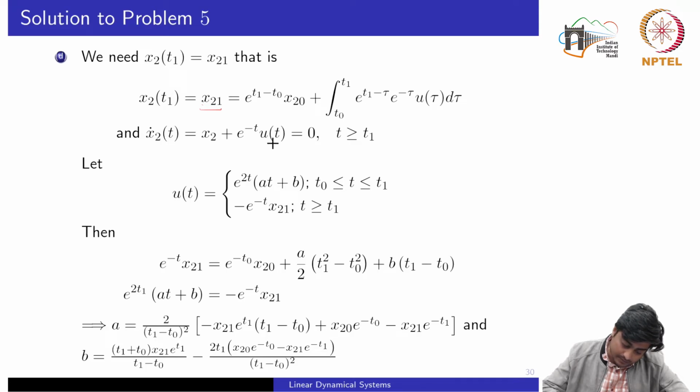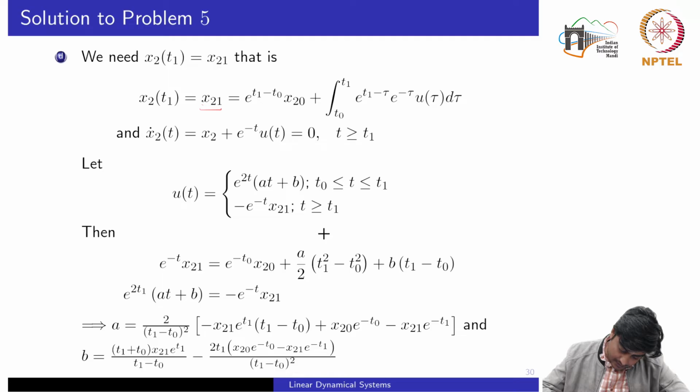So from here I specify u(t) as before, that is e to the power 2t a plus b between t0 and t1, because we have already seen that applying this u(t) within this time would take me to x21. And if I put this equal to 0, I would obtain u(t) as minus e to the power minus t times x21.